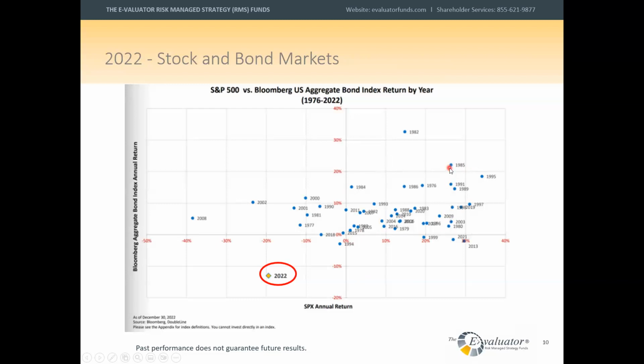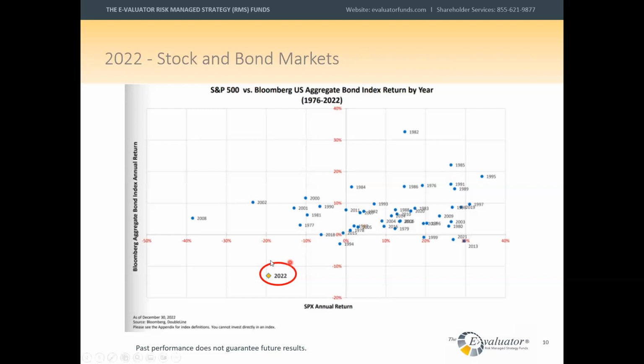So stocks would have posted over 25% gain for that year. And then if you go from 0 up, you can see that the blue dot is past 20%. So that would have been a great year because bonds would have posted over a 20% gain and stocks would have posted over a 25% gain.